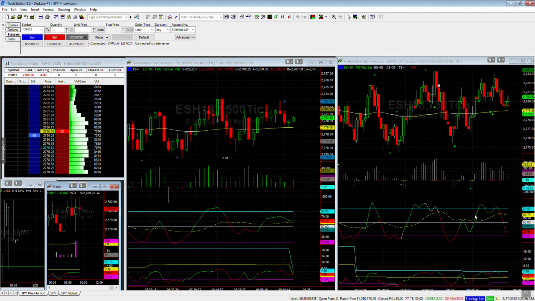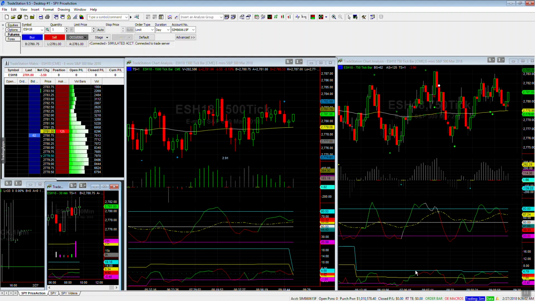So then we look at the same oscillator over here on the 750 time frame, and we see again it's above it, but now the momentum line is cut through it, and it's cut through the midline as well. So we evaluate that. We see the range starting to narrow over here on the 1500. It already has narrowed.